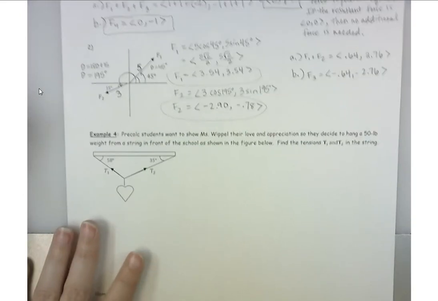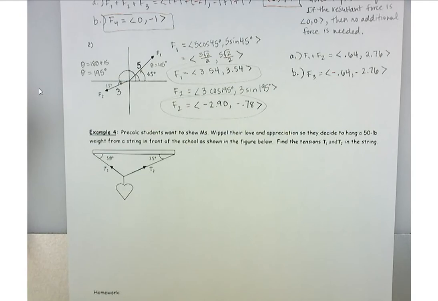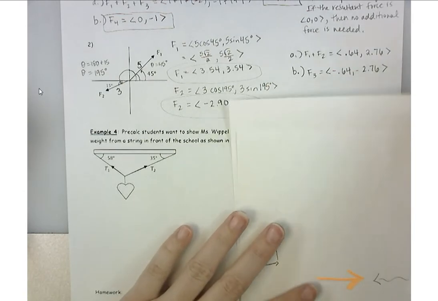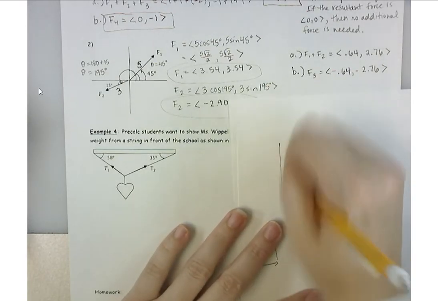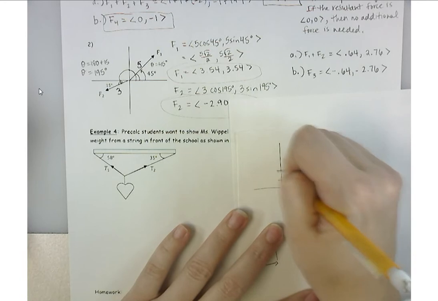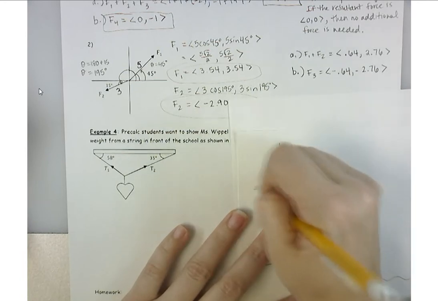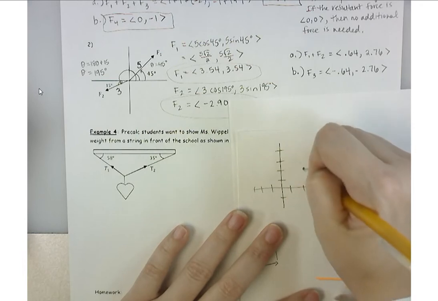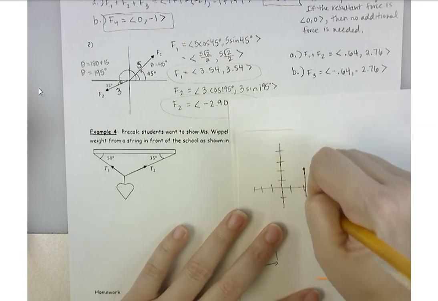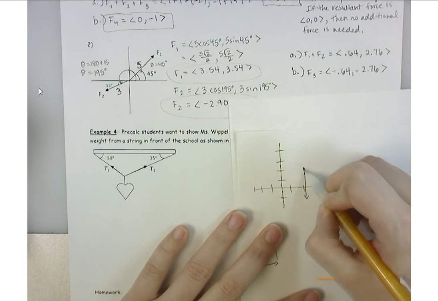Now I do want to just give you a heads up that on your homework, you're going to have some that are on a grid. So you don't have to draw this. Just going to put these here.